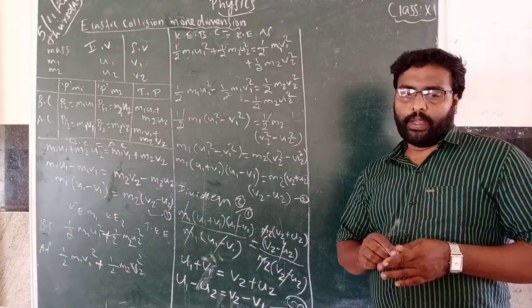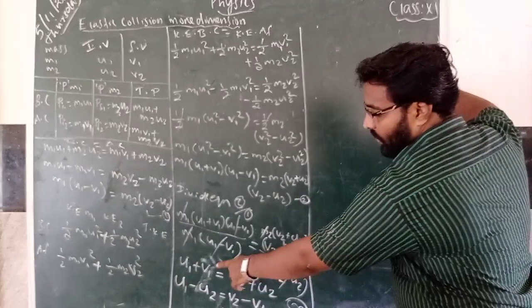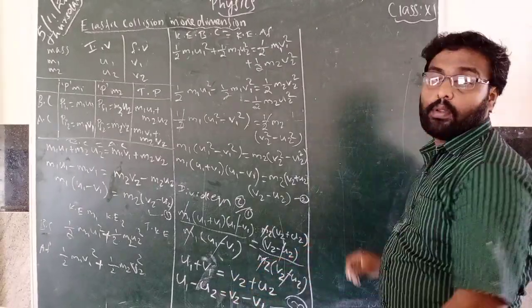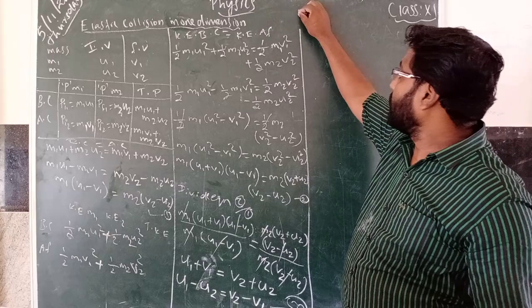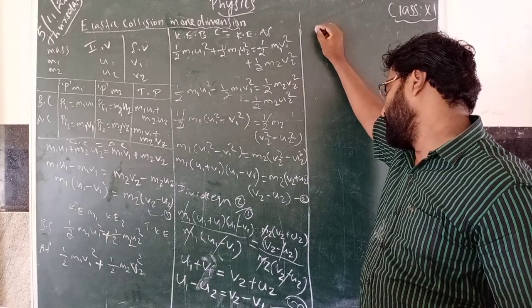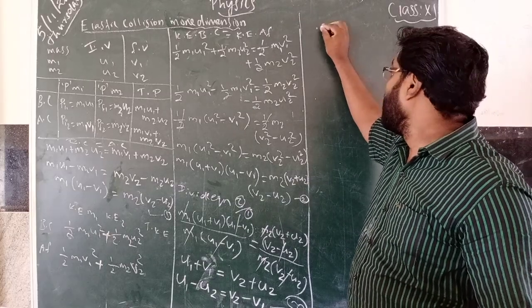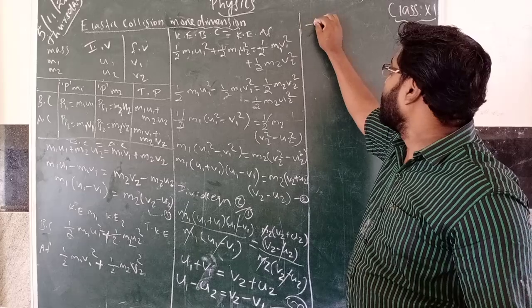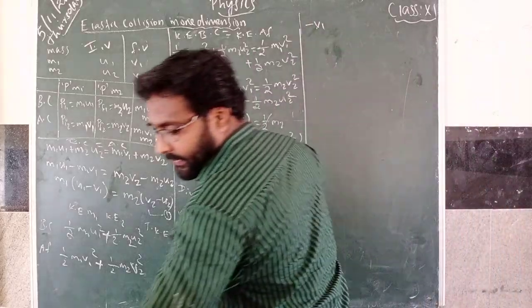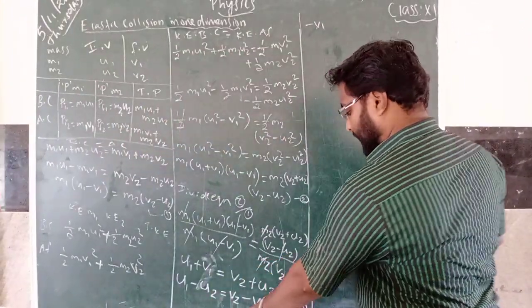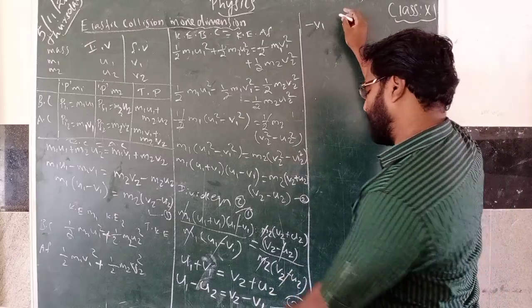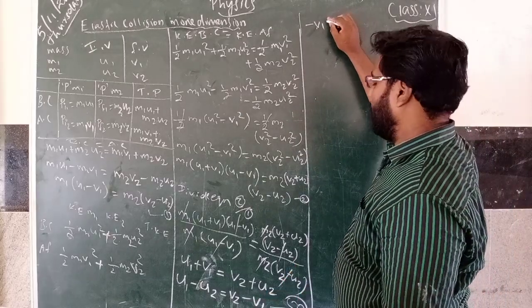Now you can find v1 and v2 from this equation. So again you have to rearrange. First find v1. First you take this equation, from that find v2.